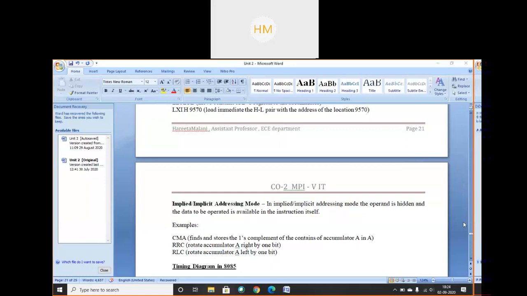Do you want to ask something? Have you written all these addressing modes carefully in your copy? What is the doubt, Priyanshi? Please ask the doubt if anyone is having.